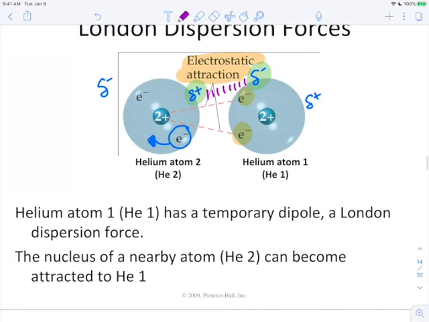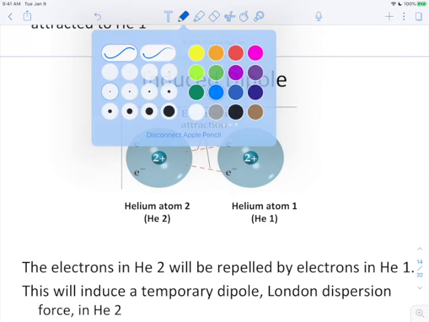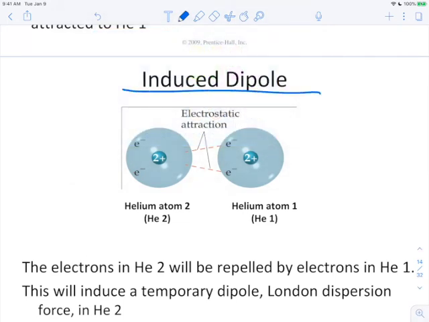So helium number 1 has a temporary dipole. The nucleus of a nearby atom becomes attracted and the electron starts to flow to the other side. And again, this is what we call an induced dipole. So helium 1 over here, for some random, inexplicable reason, both of the electrons went to one side. But once that happened, helium 2 did the same thing.